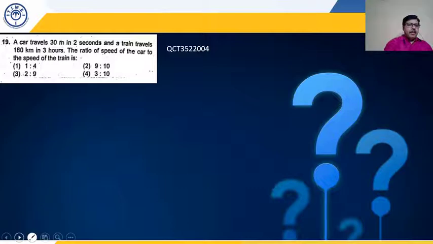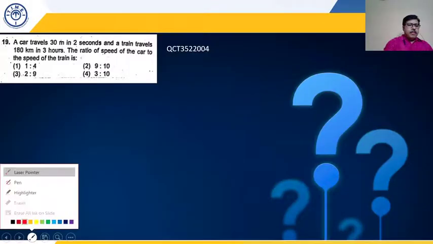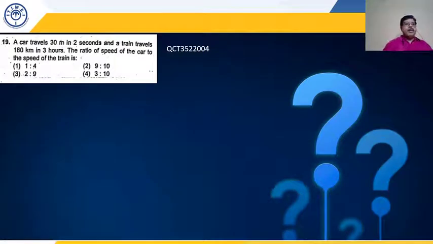A car travels 30 meter in 2 seconds and a train travels 180 kilometer in 3 hours. The ratio of speed of car to the speed of the train is? This is question number 19 from your handout QCT 3532004.